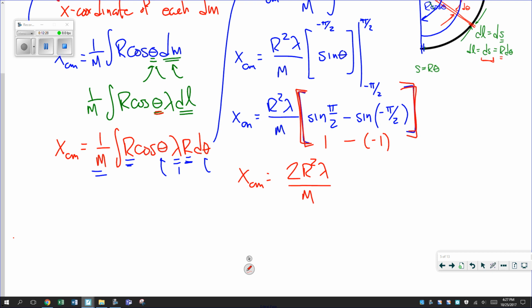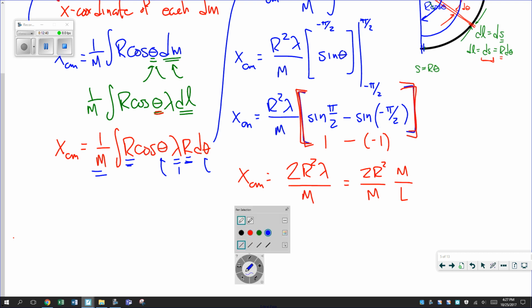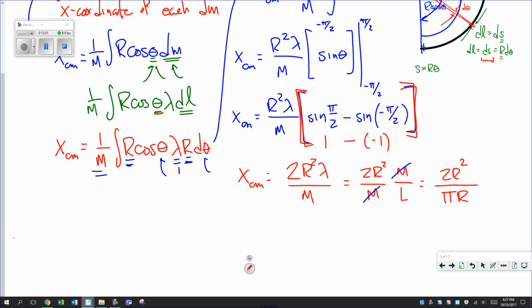Now, what's lambda again? Lambda is mass per unit length. So our mass goes. What's the length of this half of a circle? Well, it's half of a circumference. The circumference of a circle is pi d, so the length of half a circle is pi r.